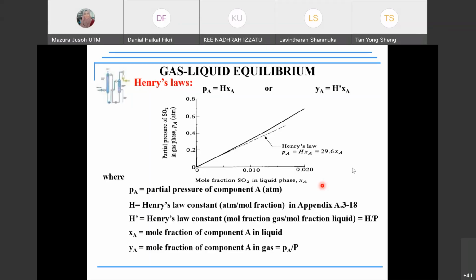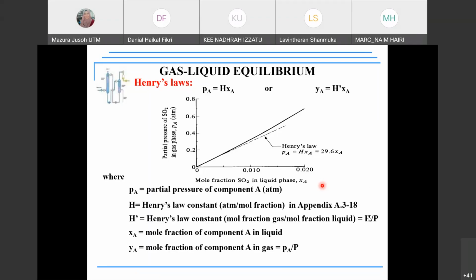No? No, Lavin? So if you cannot tell me, then I'm going to have to go to Naim Hairi. What's your full name actually? I'm just using your WebEx name. Okay, Naim. What is partial pressure? Do you know what it is?